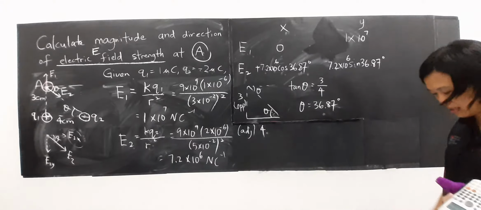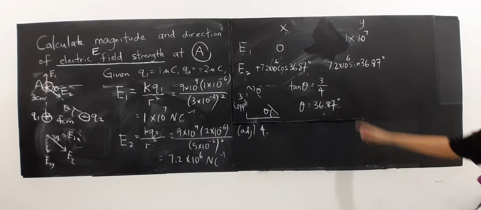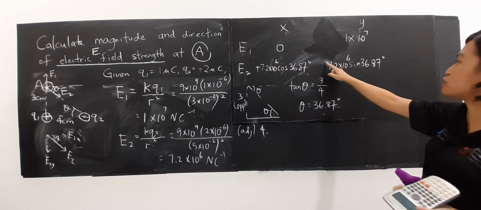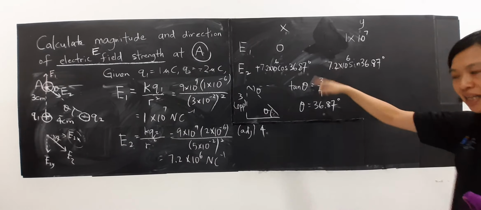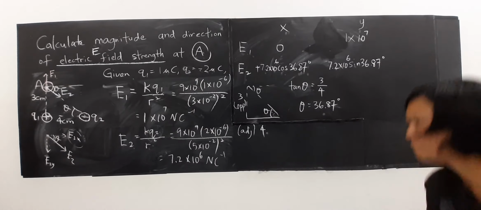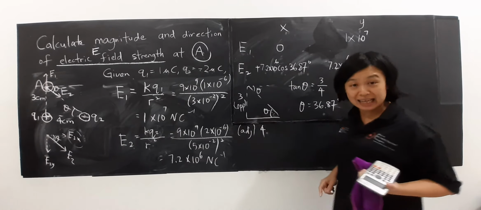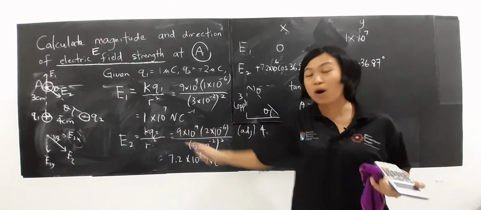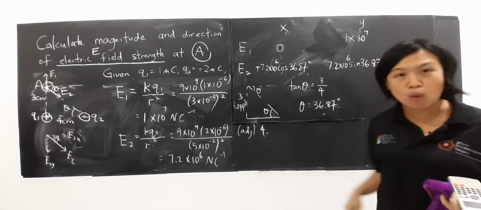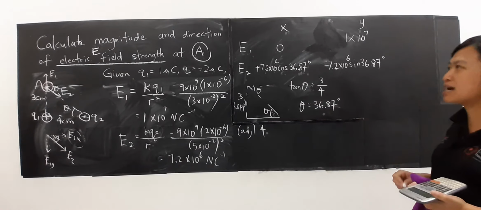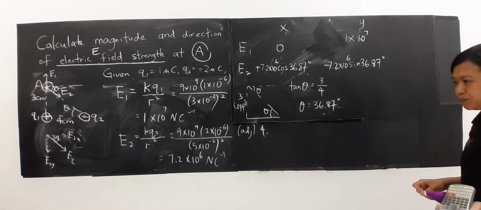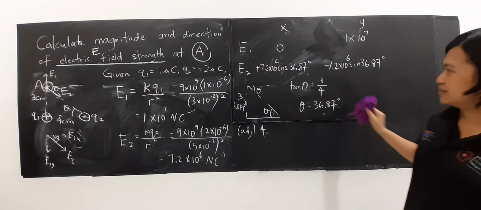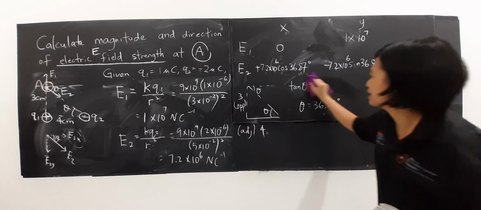Ini beza dia. Okay. Dan untuk y, you have to specify the direction. Dia ke arah mana? E2y, kalau you tengok gambar aja yang di bawah itu, ke arah bawah kan. So, you must put negative sign for it. Alright?